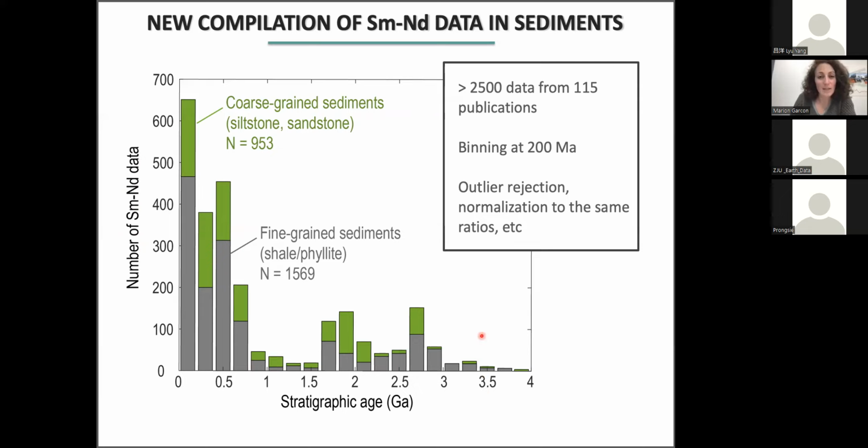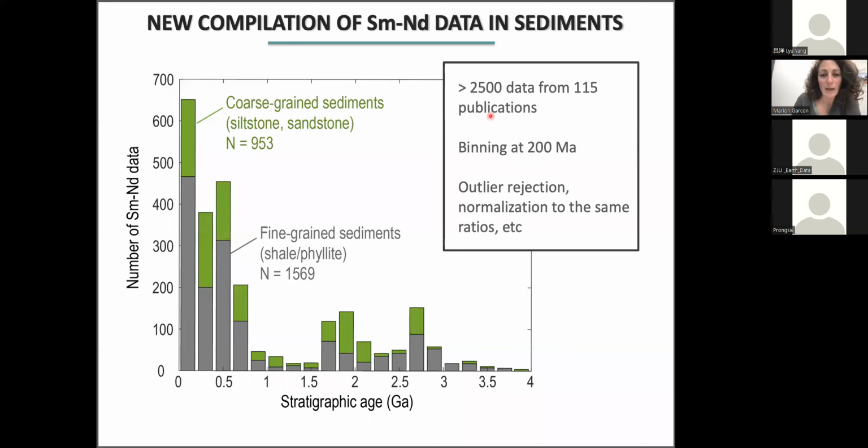I compiled the data for both fine-grained, in gray, and coarse-grained sedimentary rocks to see the potential effect of grain size. But I'm not going to talk about that today. Anyway, there is no difference between the two records, which is the important point here.